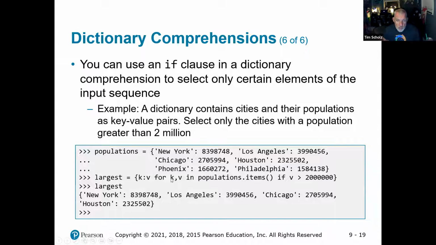So we have our for k, v in items, and we're only doing it where v is greater than 2 million. When we run this code, the values in largest are New York, Los Angeles, Chicago, and Houston, because out of our original list, those are the 4 that have values higher than 2 million.